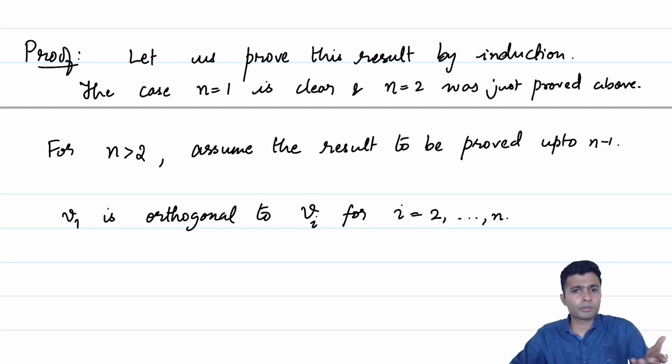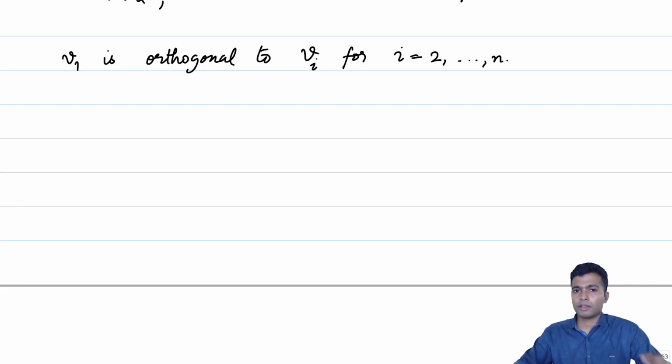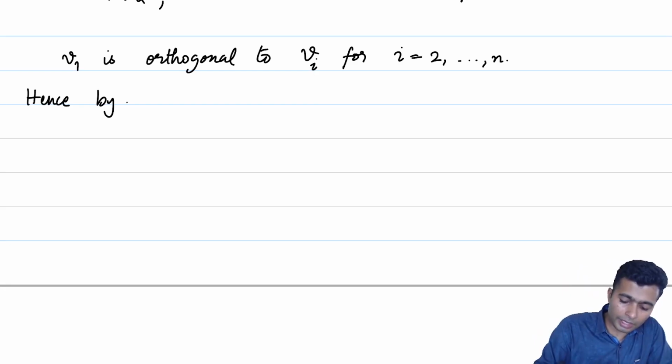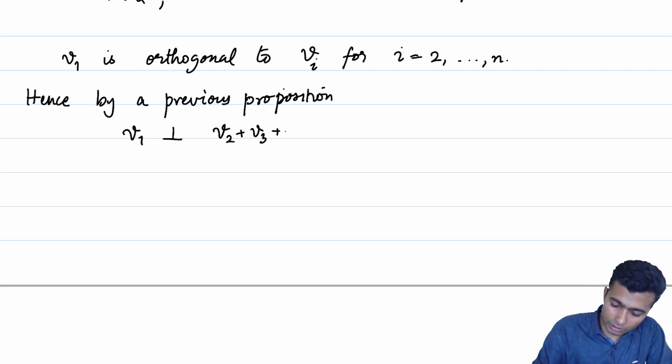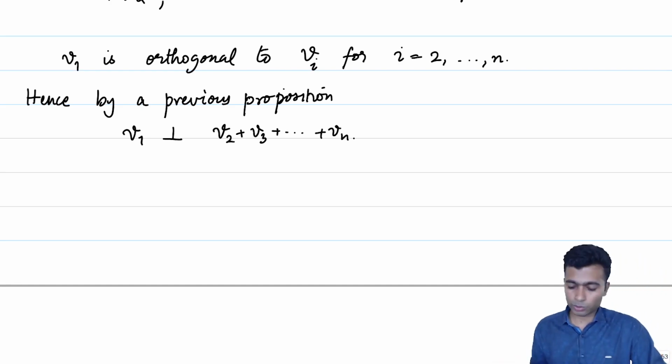And by what we just proved a few minutes back, if you have a vector which is orthogonal to a collection of vectors, then it will be orthogonal to any linear combination. So, in particular, hence, by a previous proposition, V1 is orthogonal to V2 plus V3 plus up to Vn, because it's orthogonal to each of V2, V3 and so on.